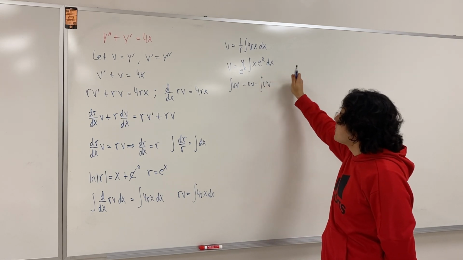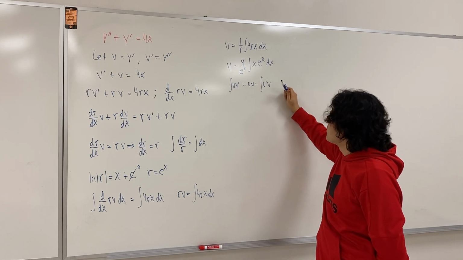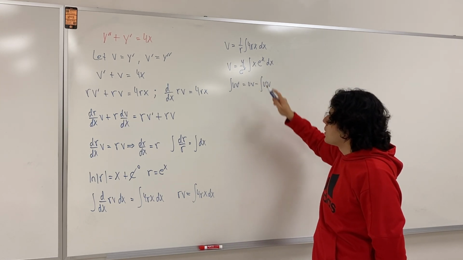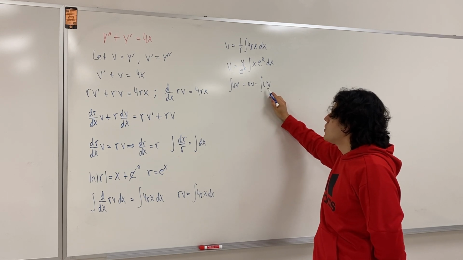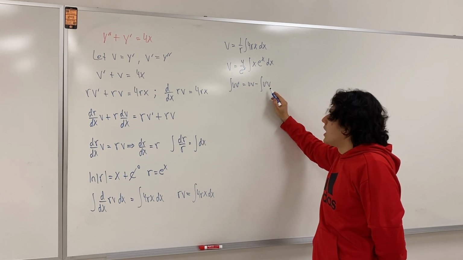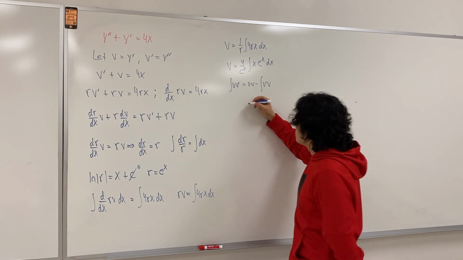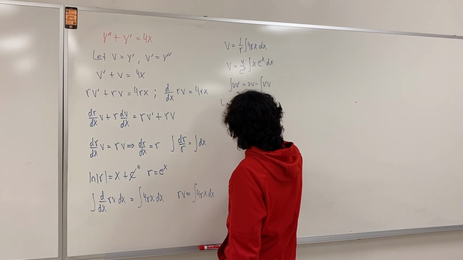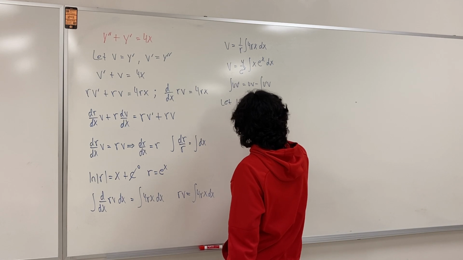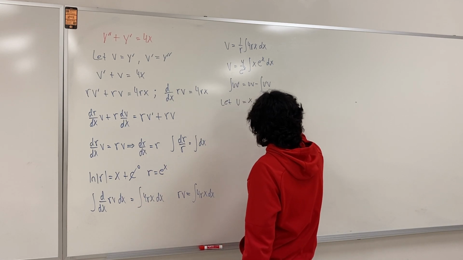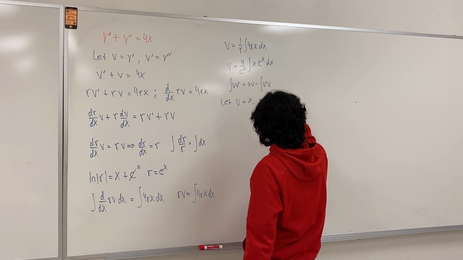Now based on this, I think that if we let u be equal to x, when we differentiate it, we're only going to be integrating v, and v just happens to be e to the x. So let's do that. Let u be equal to x, and let v prime be equal to e to the x.